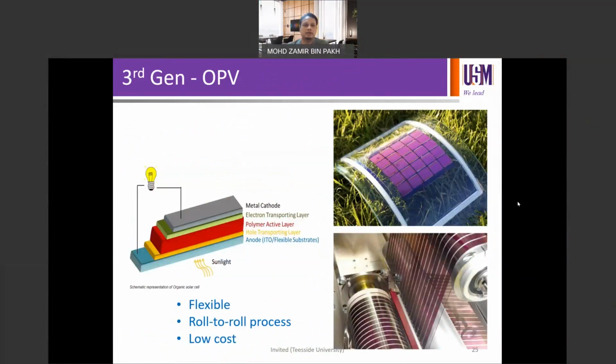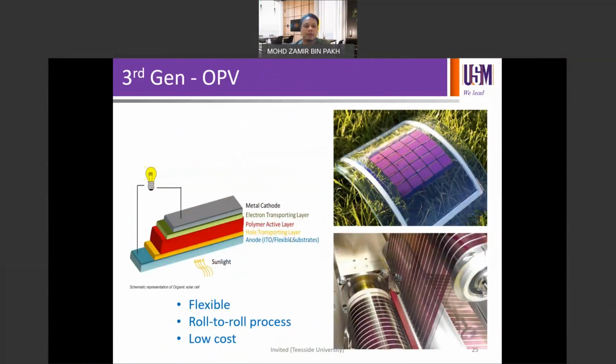Right. Another third generation is called organic PV. So organic PV is something that you can see here. It is composed of a polymer active layer sandwiched by electron transporting layer on the rear side, in this case, and hole transporting layer.